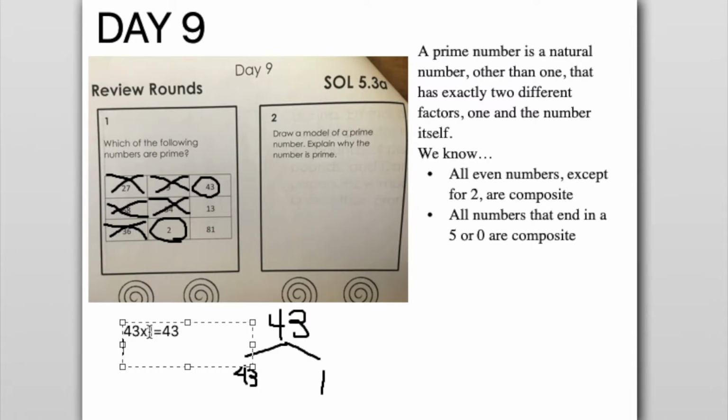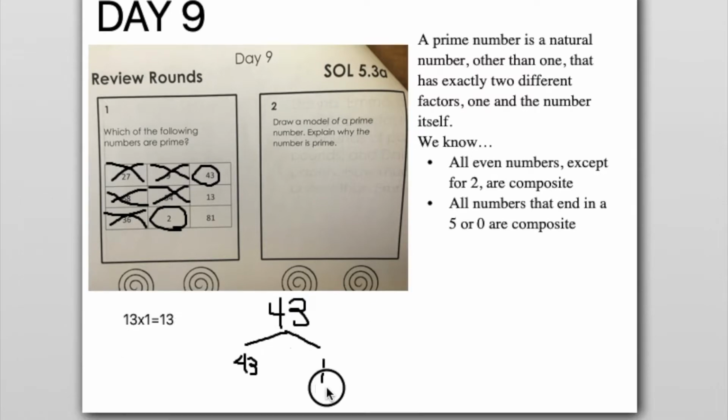We've got 13 times 1 equals 13. It's not even. It doesn't have a 0 or a 5. And there are no other numbers that you can multiply to get to 13. So 13 is going to be our third prime number here.